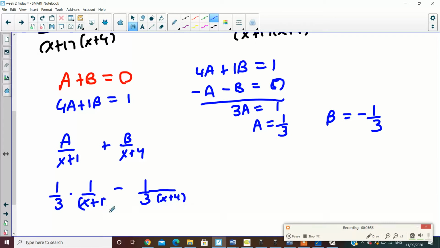And I can rewrite it as 1 over 3x plus 3 take away 1 over 3x plus 12. Everybody cool with that?